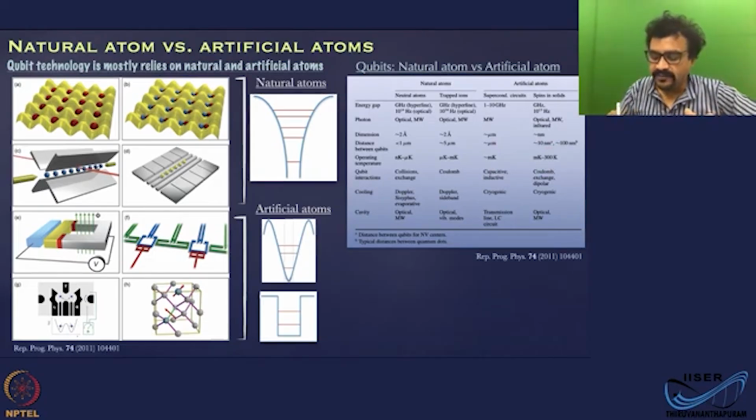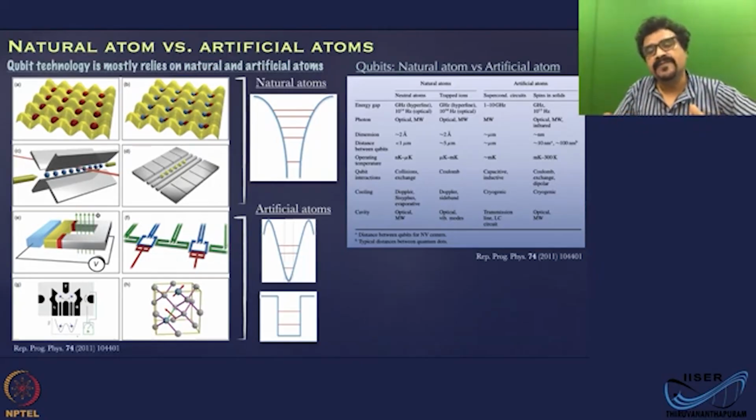Of course, some of the spin qubits you can even operate at room temperature, but those are not really the quantum dot based spin qubits as we have shown here. Those are implanted ion kind of spin qubits, which are not really scalable systems. So we don't really consider that as a serious candidate at this point.